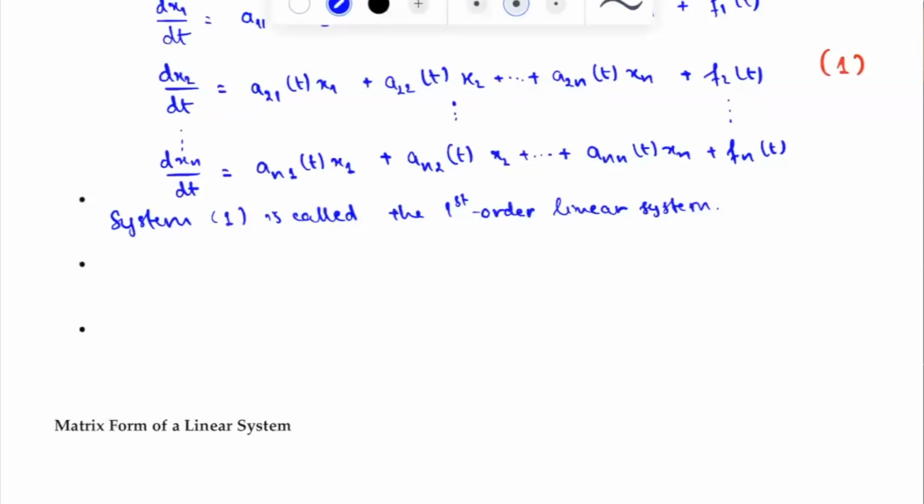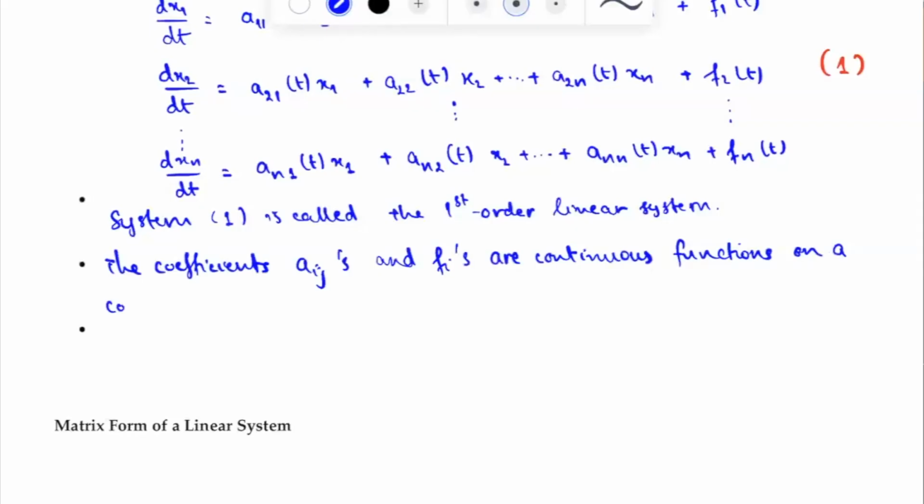So in general, the coefficients aij and fi are continuous functions on a common interval, some interval capital I. The index i goes from 1 to n, and the index j is also going from 1 to n.